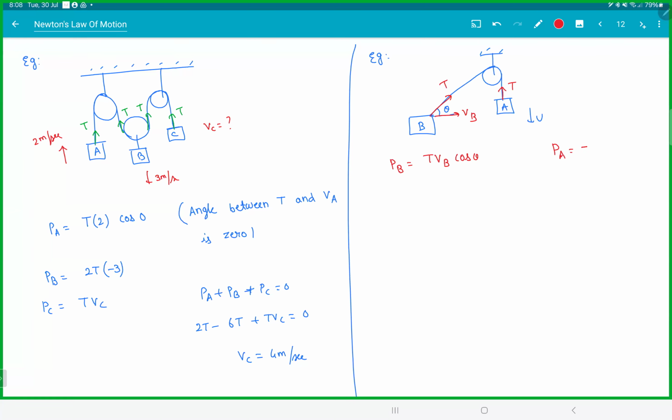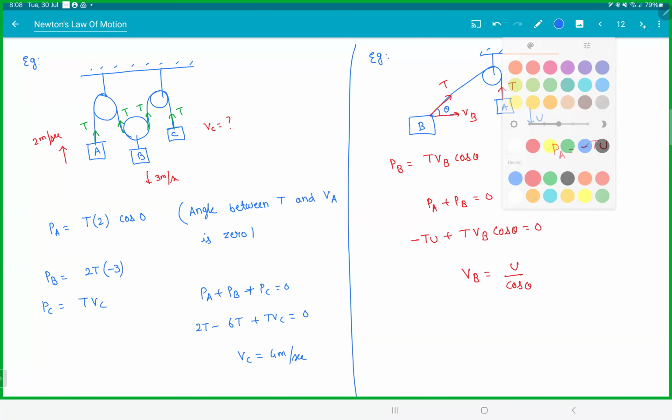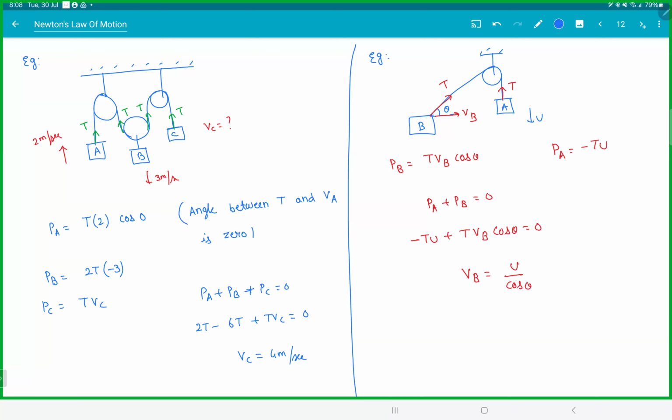Power on A is minus T into U. Total power 0. You'll get minus TU plus TVB cos theta is 0. Tension cancels. VB is U by cos theta. No differentiation, nothing, you'll get the answer. This method works pretty neat. Just find the tensions, multiply with velocities and done.